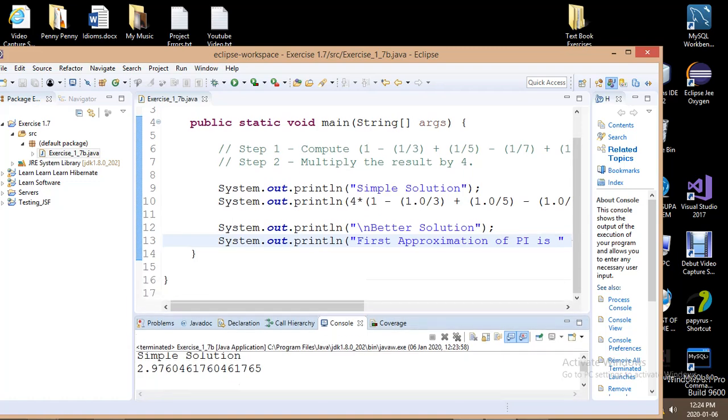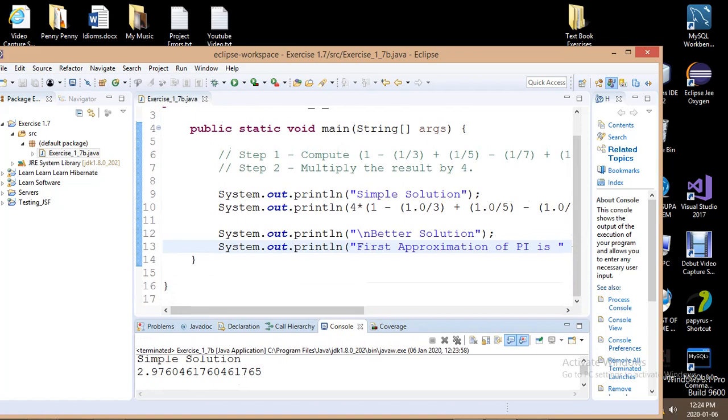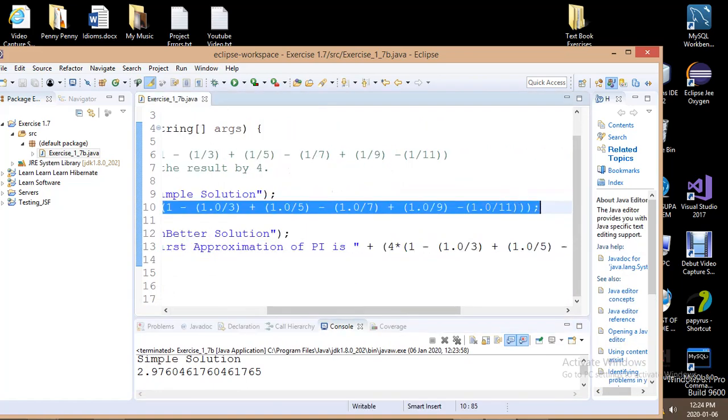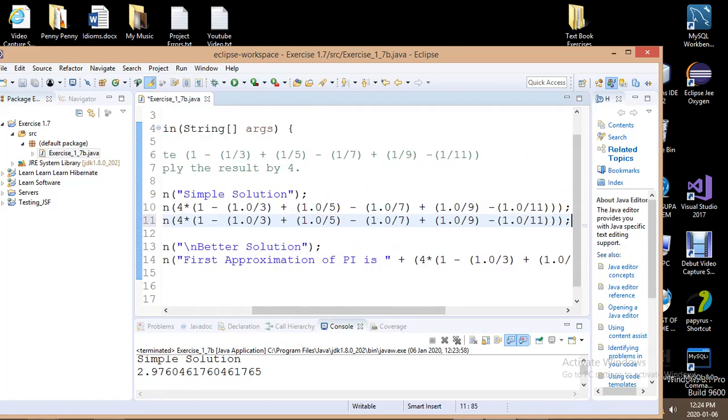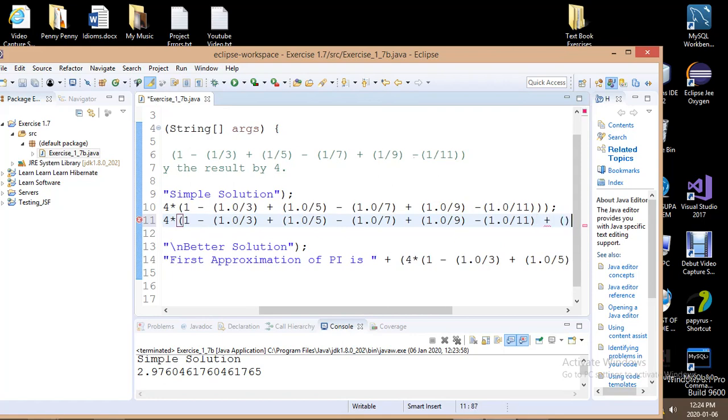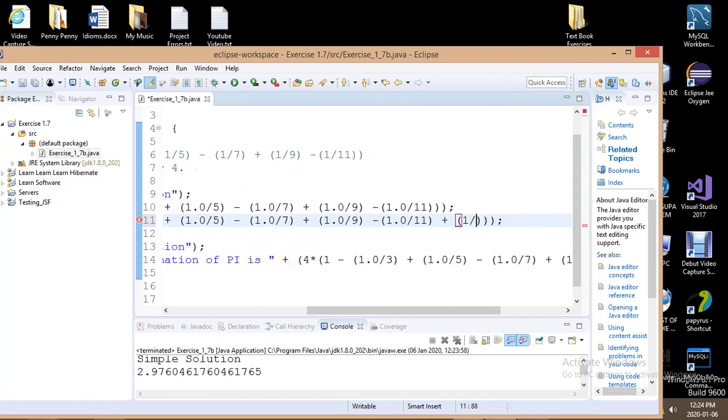Oh, I almost forgot that we're supposed to have two approximations. Here though we've got to add 1 over 13, if I'm not mistaken.